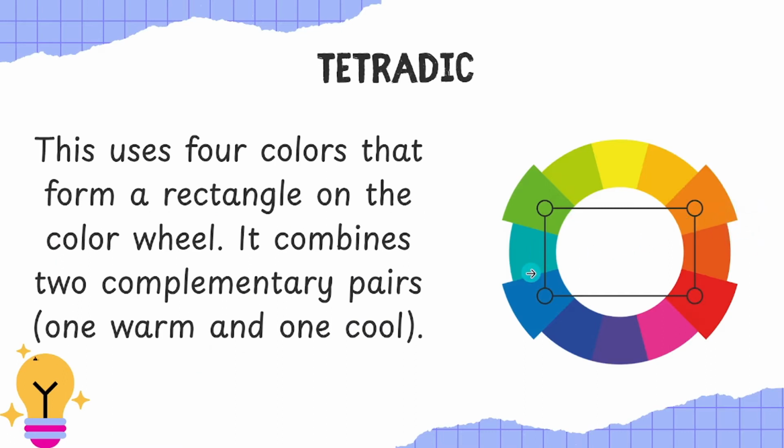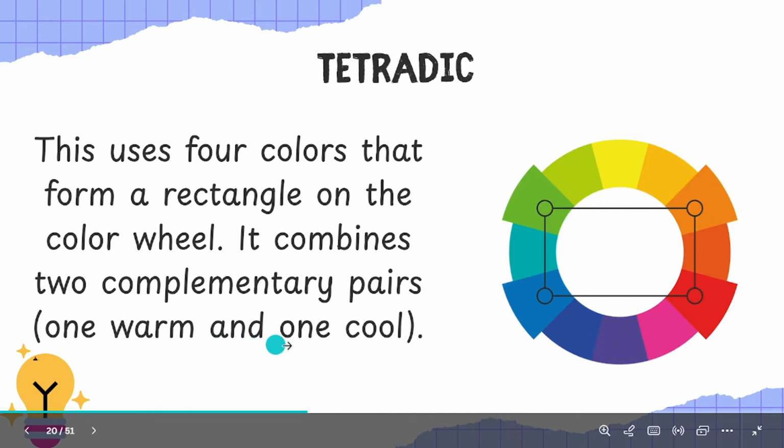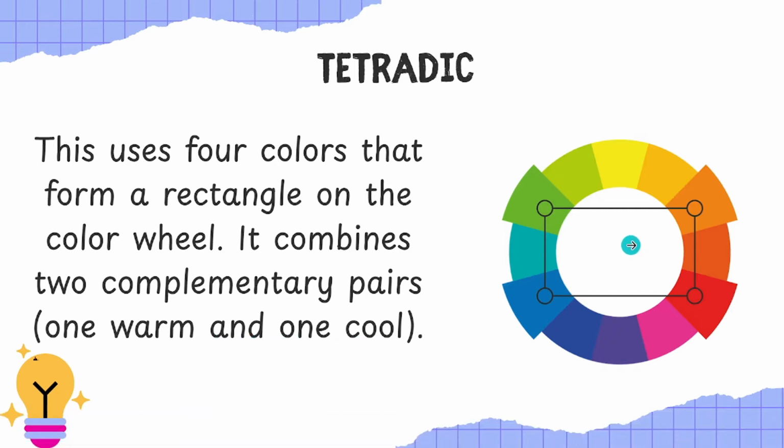So moving on, we have the tetradic. This uses 4 colors that form a rectangle on a color wheel. It combines 2 complementary pairs, one warm and one cool. Now we talked about the warm color and the cool color. So this tetradic color harmony uses cool colors and warm colors, right? And this one basically has a rectangle shape to it.